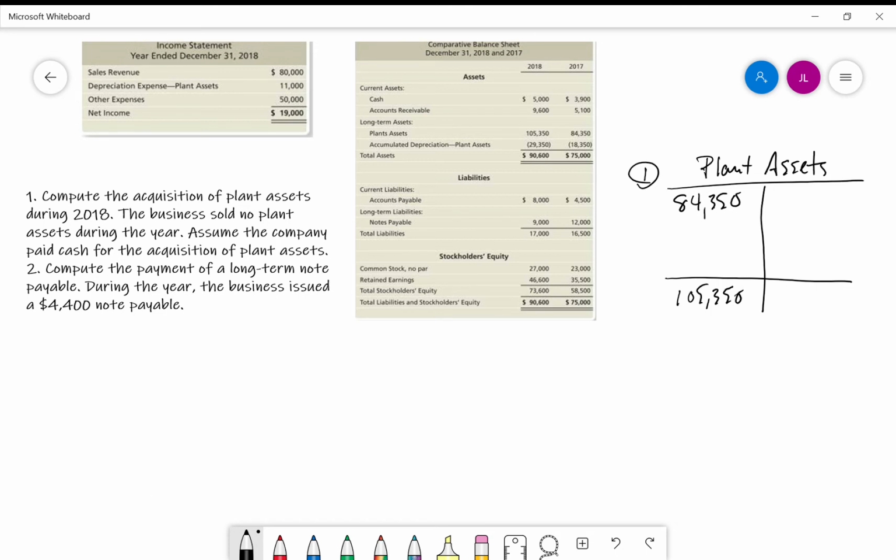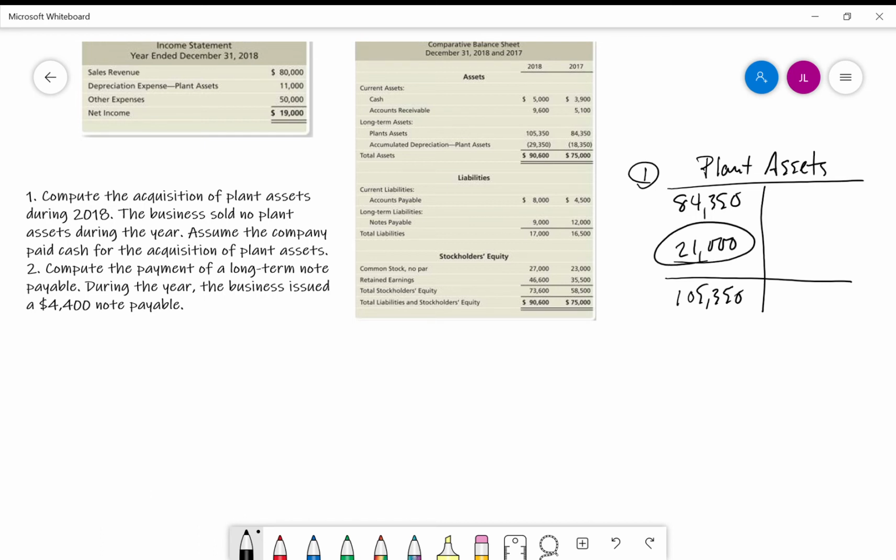And given that we sold no plant assets and we paid cash for these plant assets, this is going to affect our cash flow. So we need to know, how much cash did we pay for plant assets for the year? Well, if we take the difference, 105,350 minus 84,350, we get 21,000.